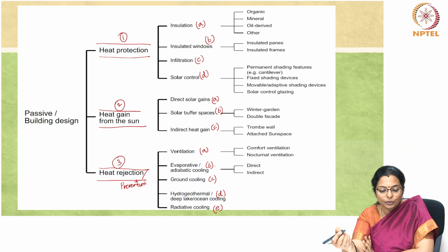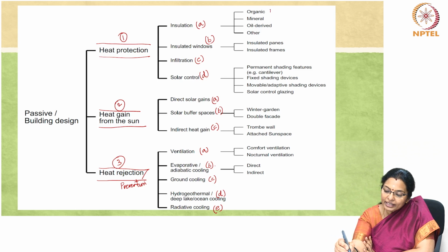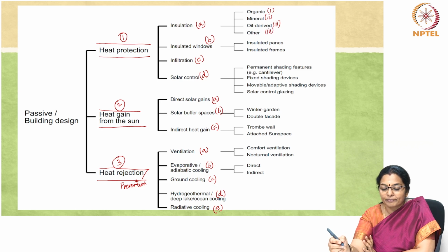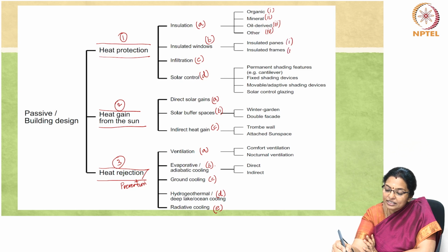Now let us look at heat protection. If you want to protect the building and insulate the building, then what all will you use? You can use organic insulation, mineral insulation, oil derived insulation, or some other innovative and advanced insulation. Insulated windows can comprise of insulated panes and insulated frames.